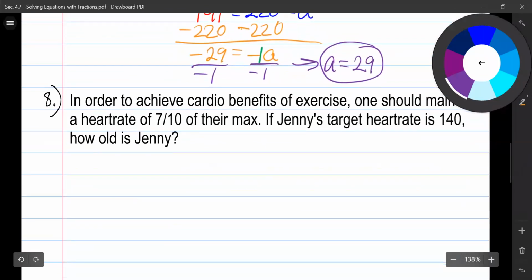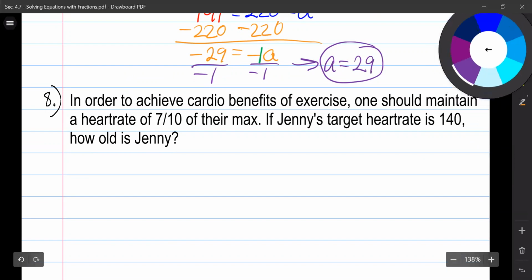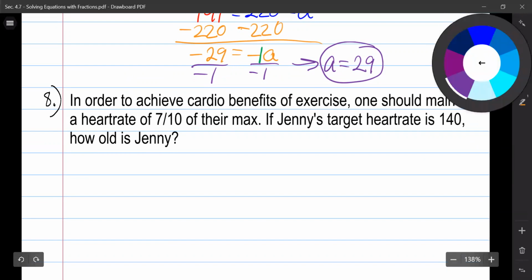All right. So in order to achieve the cardio benefits of exercise, one should maintain a heart rate of 7/10 of their max. If Jenny's target heart rate is 140, how old is Jenny?